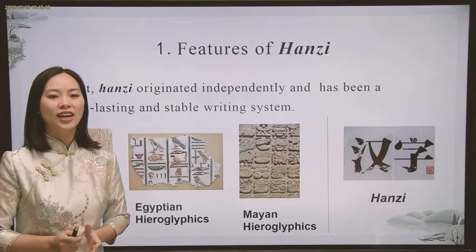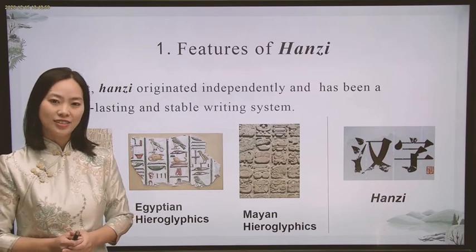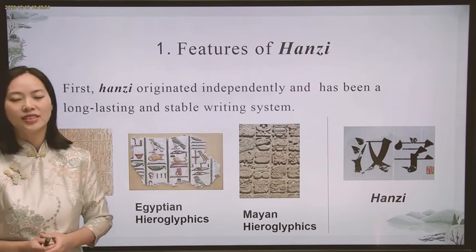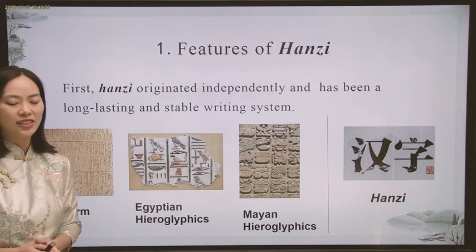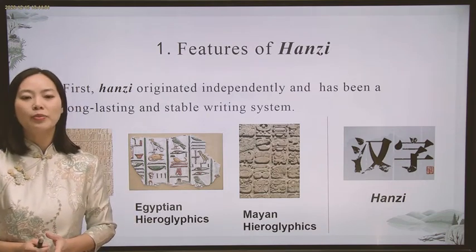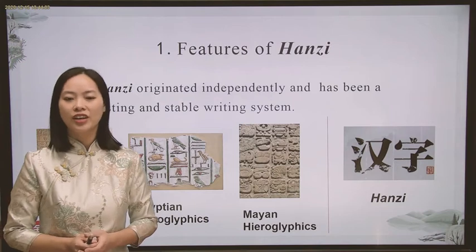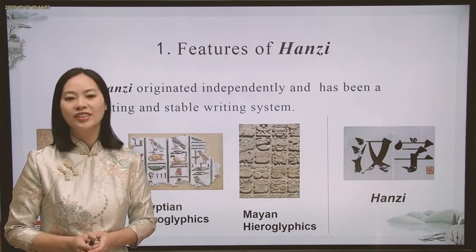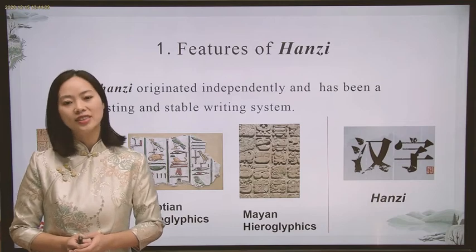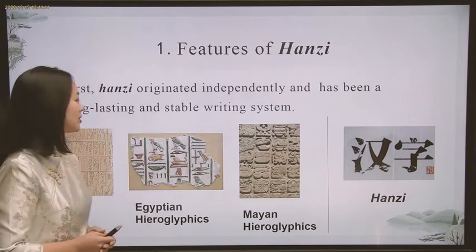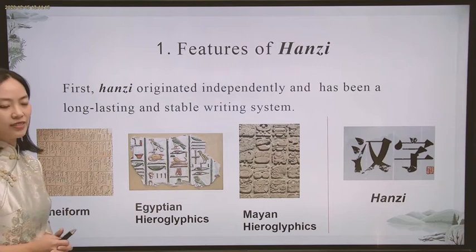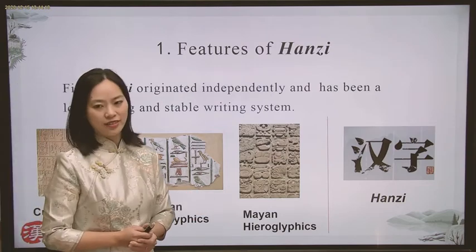So, what are the unique features of Hanzi? First, Hanzi originated independently and has been a long-lasting and stable writing system. From the perspective of the history of various word-written languages, writing systems that have an independent origin include cuneiform, Egyptian hieroglyphics, Mayan hieroglyphics, and Hanzi.